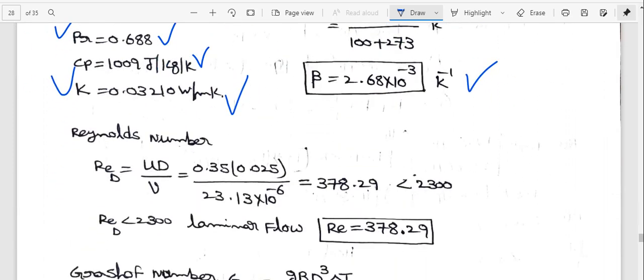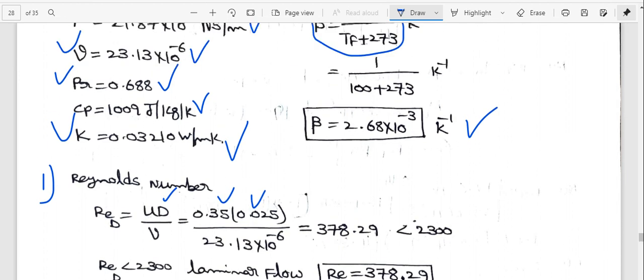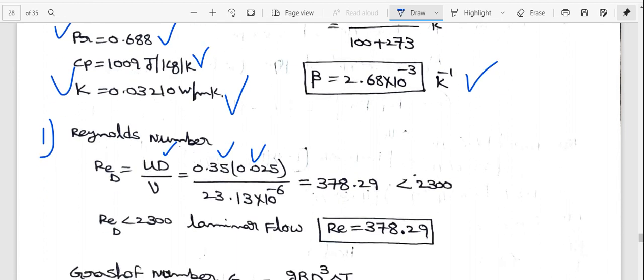Now I am considering forced convection. The Reynolds number Re_D is equal to UD by V. We consider the diameter value, the U value 0.35, and the kinematic viscosity of dry air from data book page number 33. Substituting these three values, Re_D is equal to 3.78.